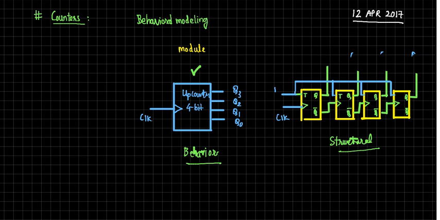What should I write here? Q0, Q1, Q2, Q3. Why? Tell me.